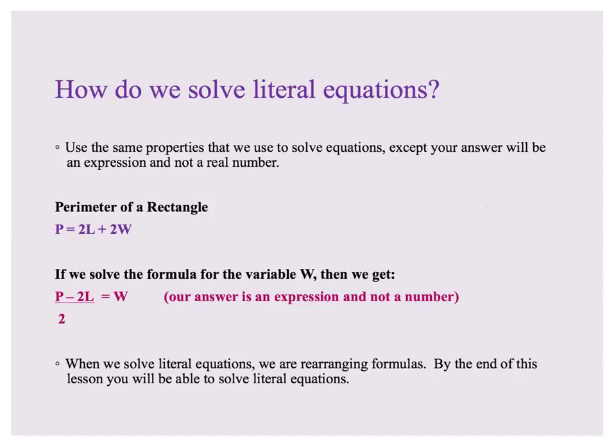Now, if we are told to solve the formula for the variable w, then we will get w is equal to p minus 2l divided by 2. Notice that our answer is an expression and not a number. So when we solve literal equations, we are just rearranging formulas.